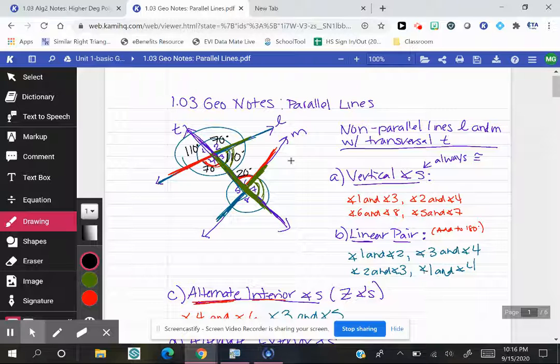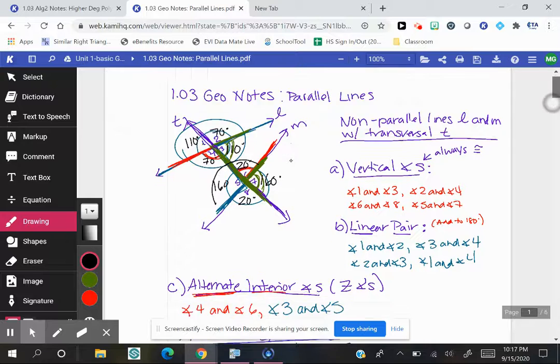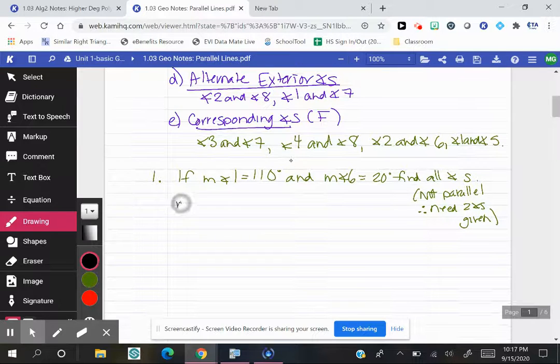So now I'm going to work on the bottom line here, line M. Across from 20 would be my vertical angle, also 20, and then 180 minus 20 gives me 160, because those form a linear pair together. So that's what I'm looking at here. You could write out all of those.